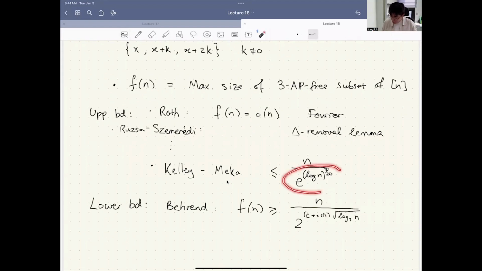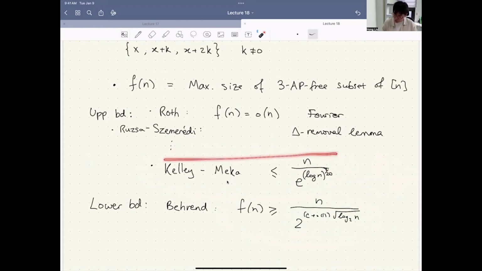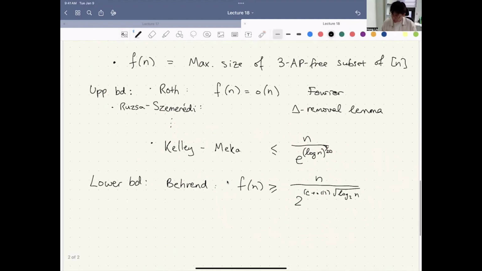If you look at the shape, this is like e to the some constant times polylog n, where the power is strictly less than 1. So this is the correct shape. Before that, I think the best result was like n over (log n) to the 1 plus epsilon. So this is a very, very important work. Let's look at how this lower bound works, where here c equals 2 square root 2.